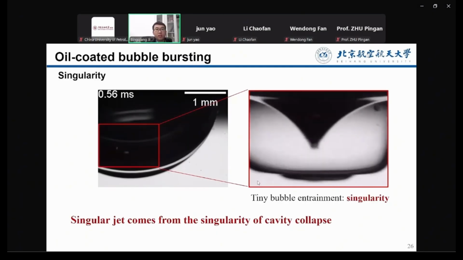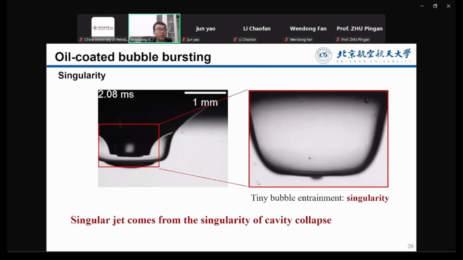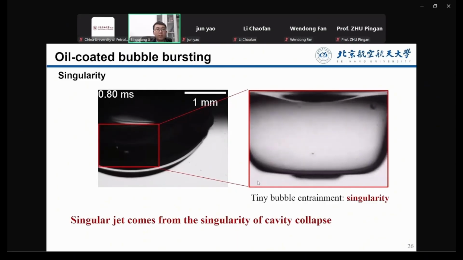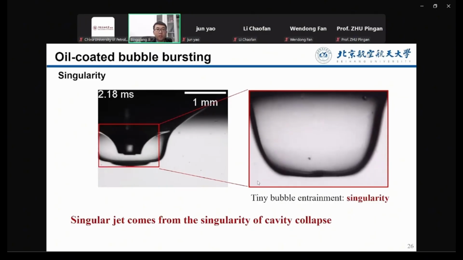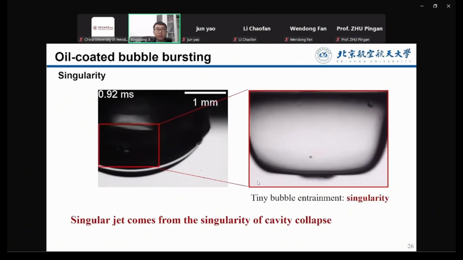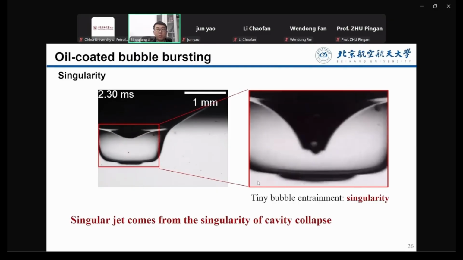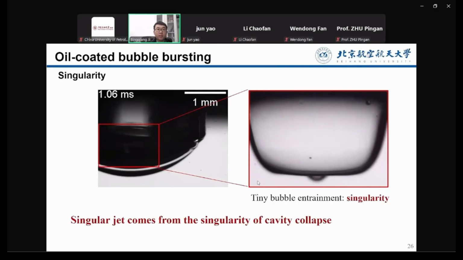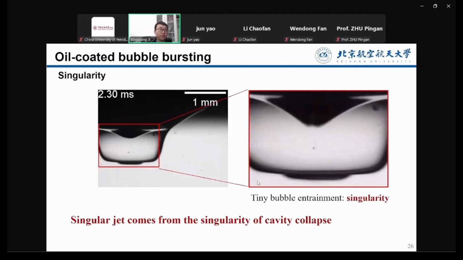And the capillary waves enter the oil-gas interface and collapse at the bottom. You can also see there is a teeny bubble entrapped. This is the typical feature of singularity.